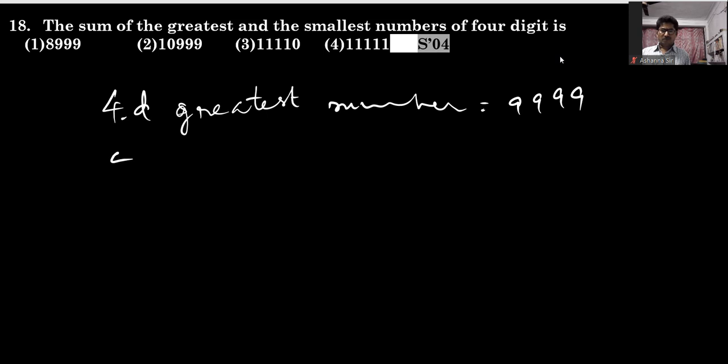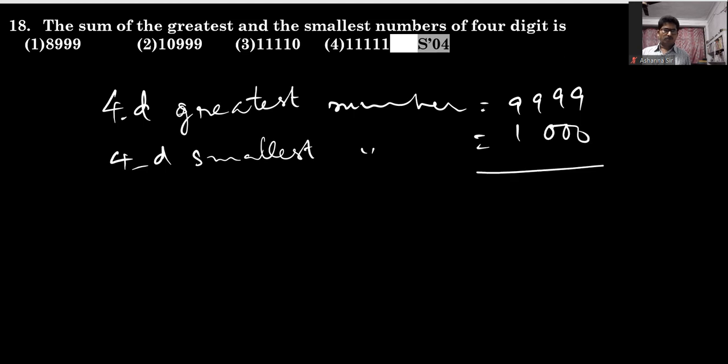The smallest 4-digit number is 1 after 3 zeros. Sum, children, sum means addition. 9, 9, 9, 10. So 10,999. 10,999, option 2.